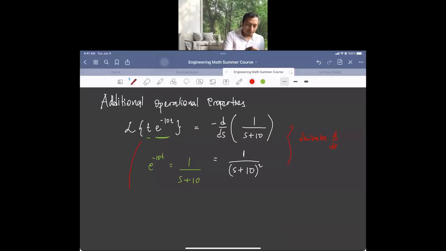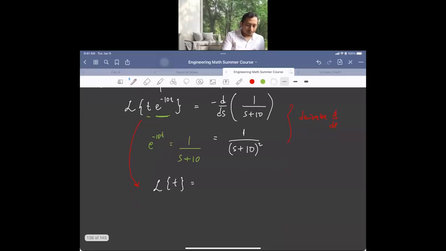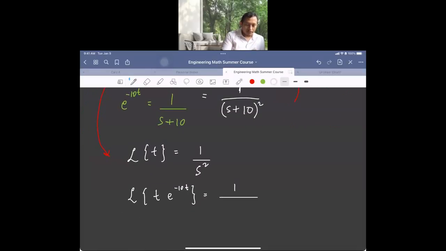Or if you remember that Laplace of t means that we will have 1 factorial divided by s squared, and then according to the translation theorem, when we have t multiplied with e to the power of negative a t, then this is practically 1 over, and we can change s with s minus negative 10, so we are having s plus 10 here, and we got the same result.